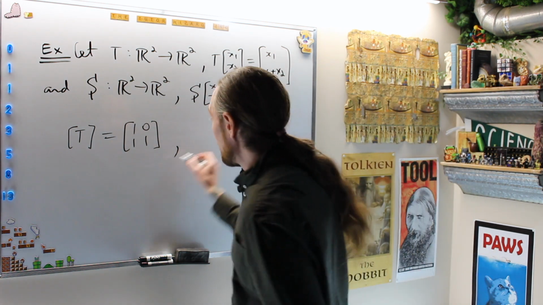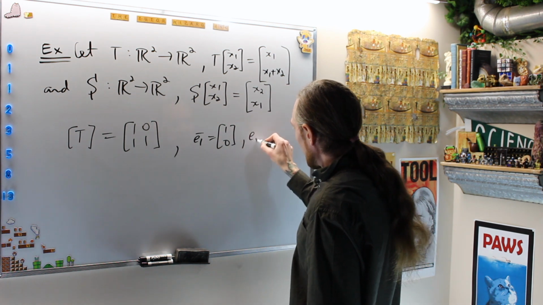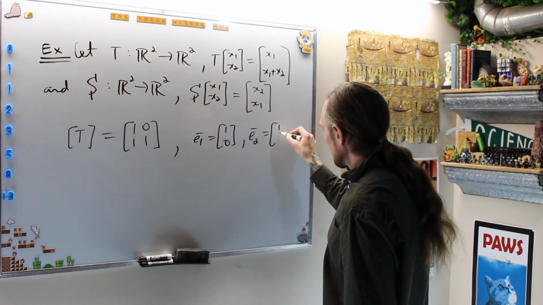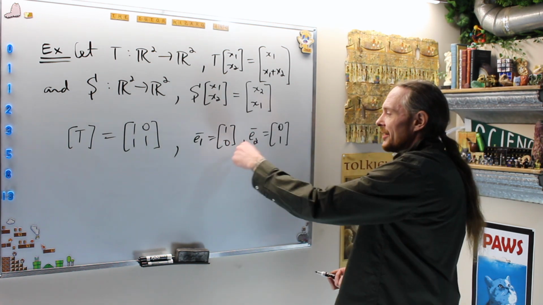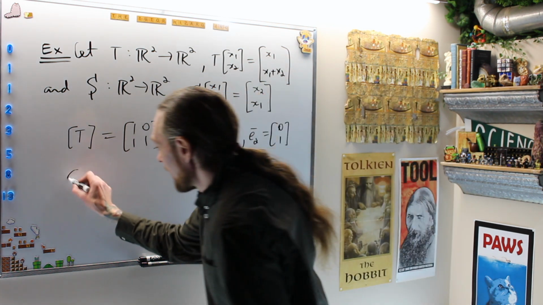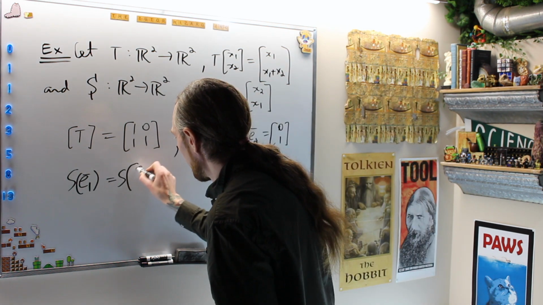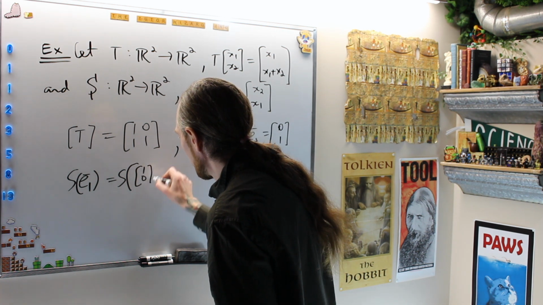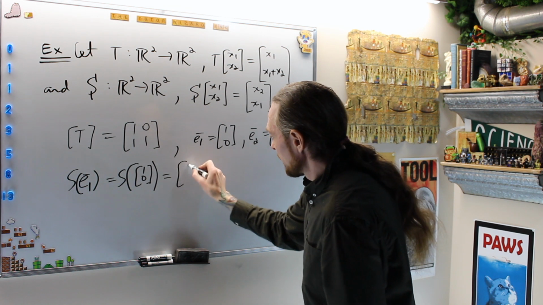For S, again we're going from R2 to R2, so E1 and E2 in this scenario are going to be these guys: E1 is 1, 0, E2 is 0, 1. What do I do with that? What is S of E1? That's S of 1, 0, which is this. It does 0, 1.